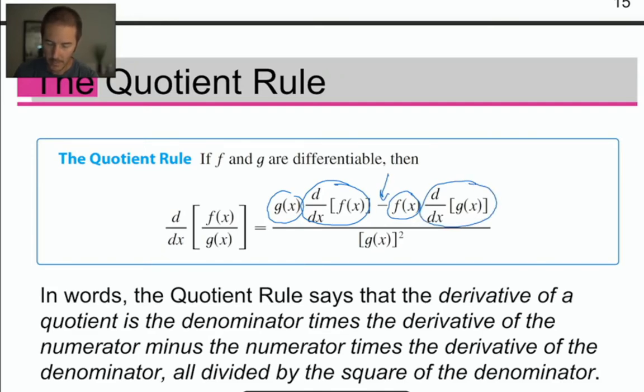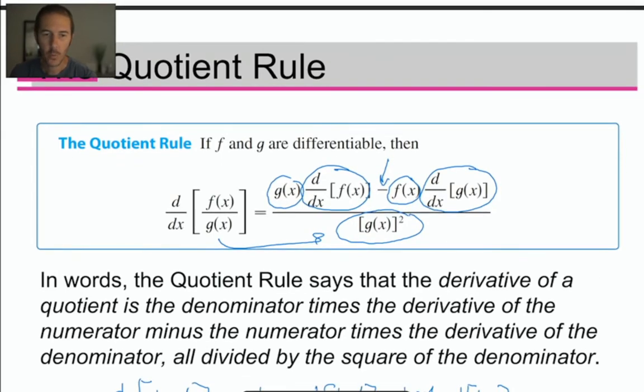And in the denominator of the entire right-hand side of our equation, we're seeing the original denominator being squared. If you were to articulate that, there's the derivative of the quotient, is the denominator times the derivative of the numerator minus the, you can read.